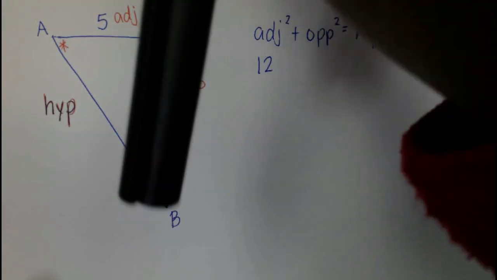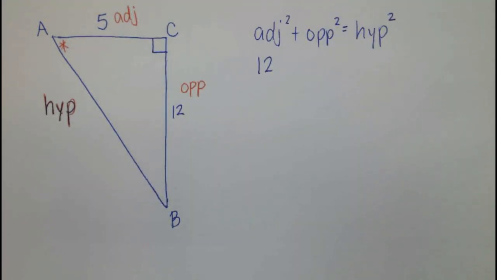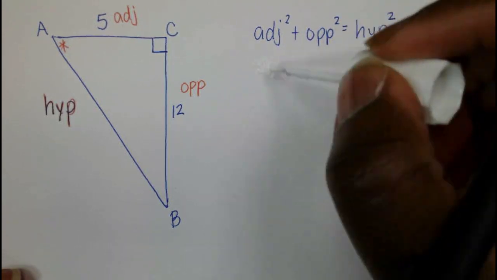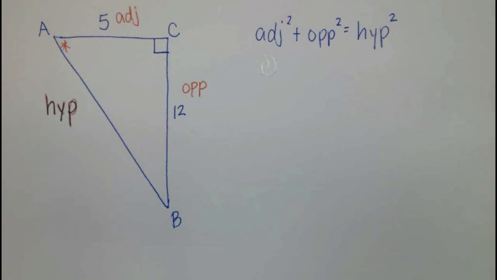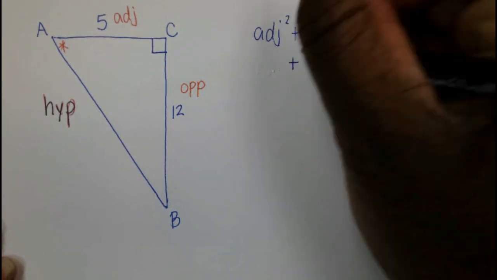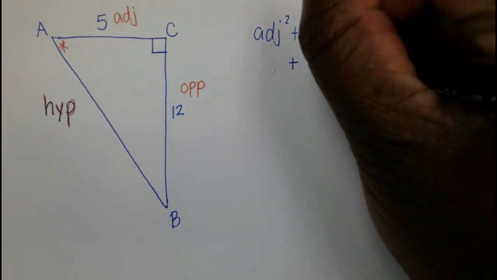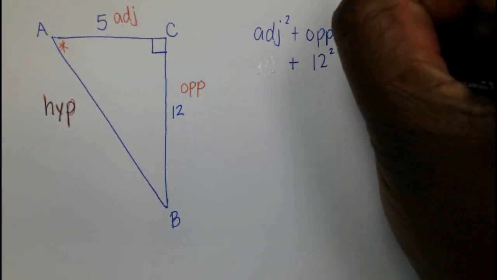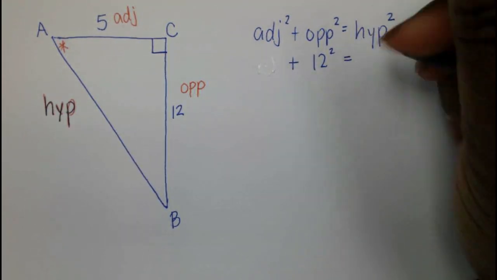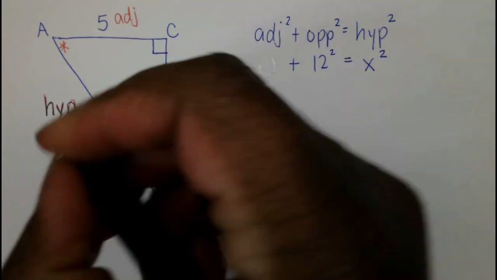It doesn't matter, but I do want to keep it consistent for this video. So that's 5 squared plus 12 squared equals, I don't have anything for this, so I'm going to make it an x.